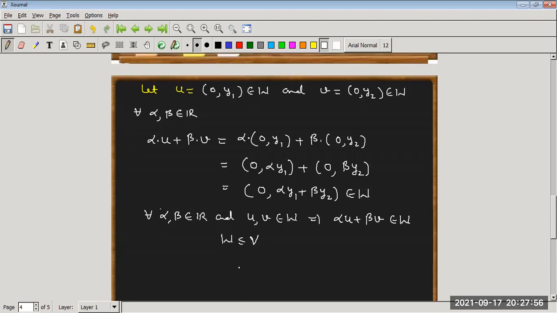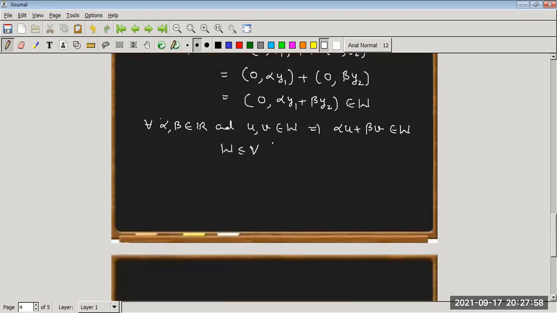Right? So what do we observe in both the examples? This is our X and Y axis. This is R². In the first case, we considered W as the x-axis.